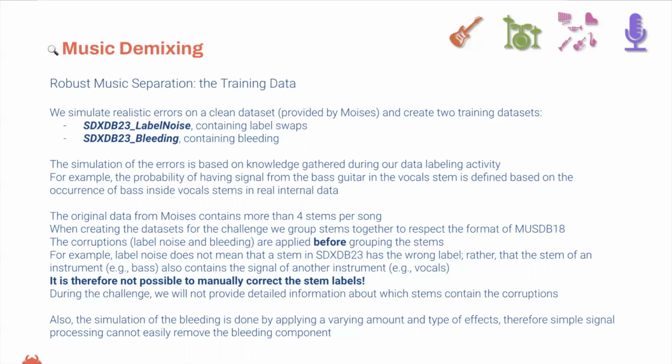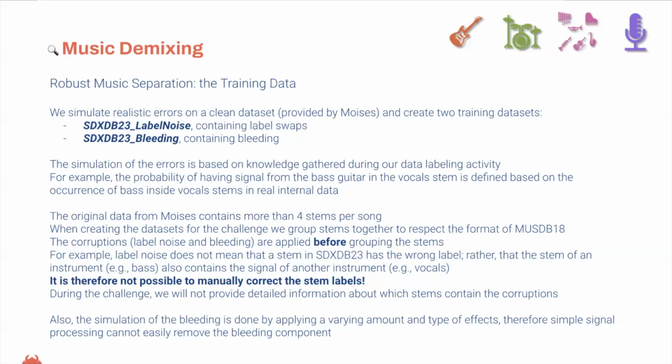Now, the way we simulate these corruptions, both for label noise and for bleeding, is based on some knowledge that is gathered during an internal data labeling activity. We have access to an internal storage of music data that we train our systems upon, but this data has these issues, suffers from label noise, suffers from bleeding, and so on.